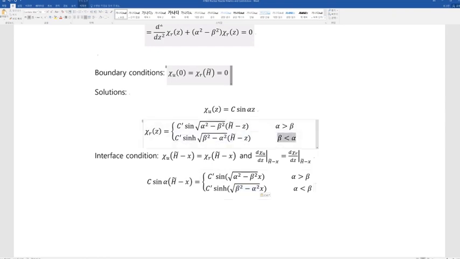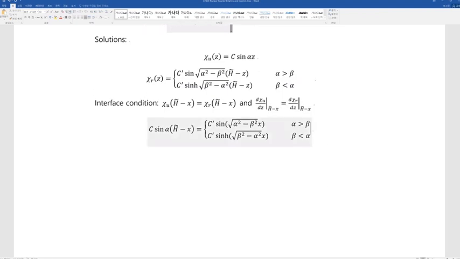And of course this is the case when beta is bigger than alpha. So this is one equation by applying this continuity of neutron flux condition.